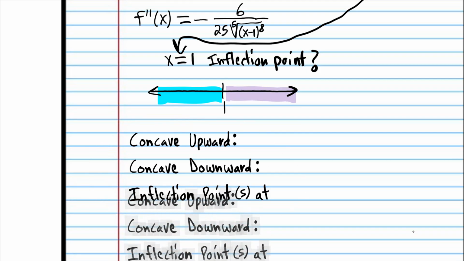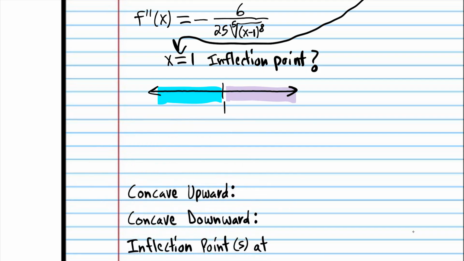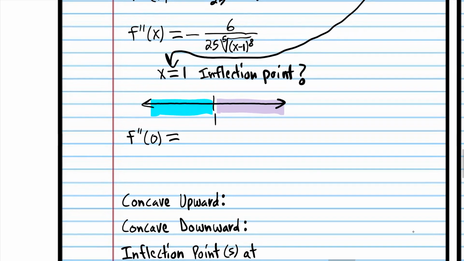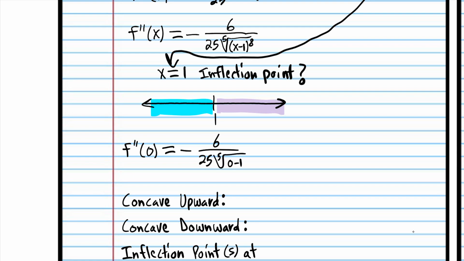So let's test the second derivative at 0, which is a good point to choose. If we plug in 0, we have negative 6 over 25 times the 5th root of 0 minus 1 to the 8th power.